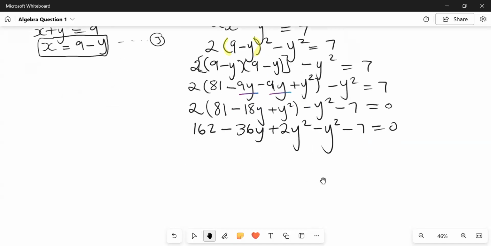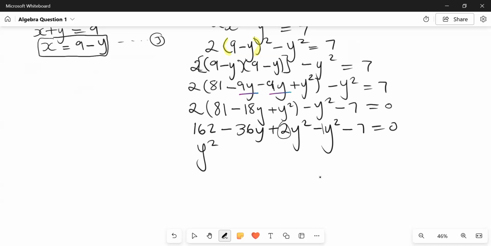And then from here, now you collect the like terms, add and subtract. Now 2 minus 1 would give us positive 1, so it's just y squared. And then 162 minus 7, that's 155.